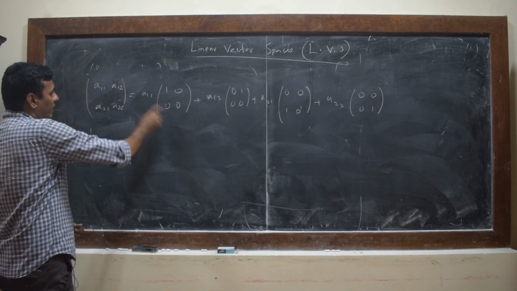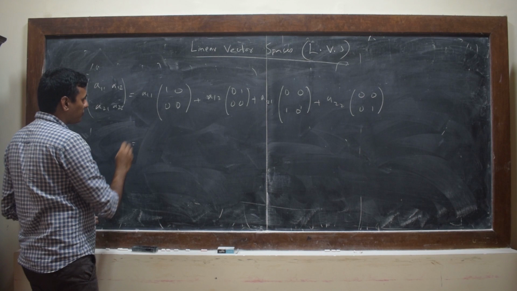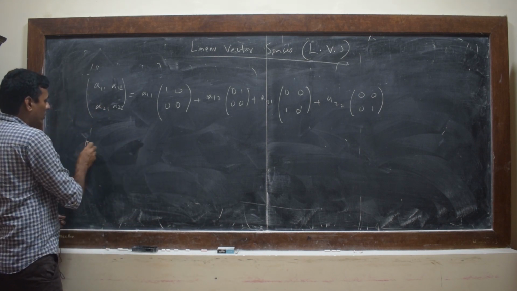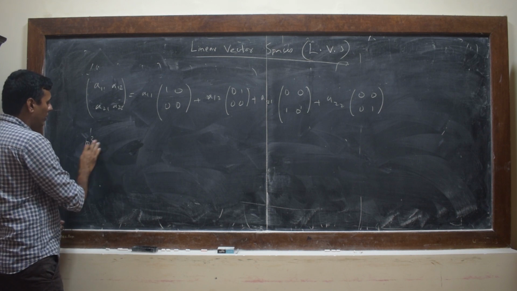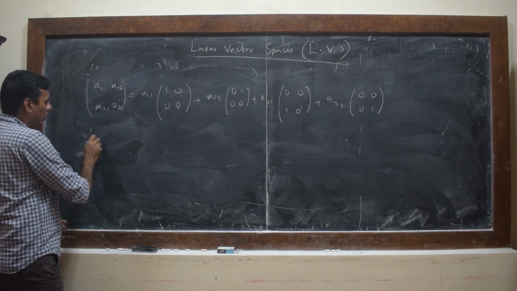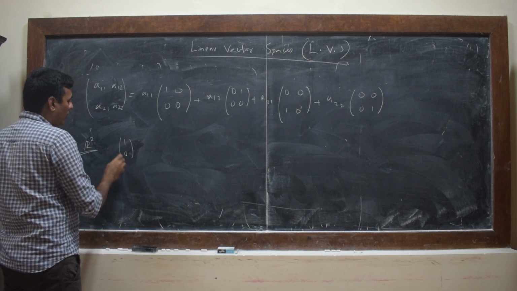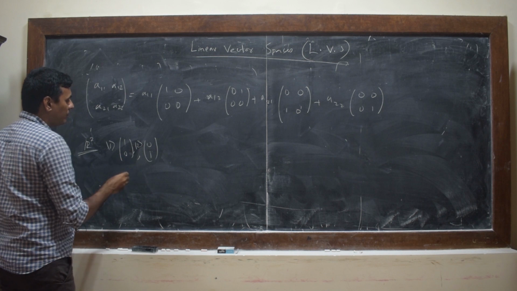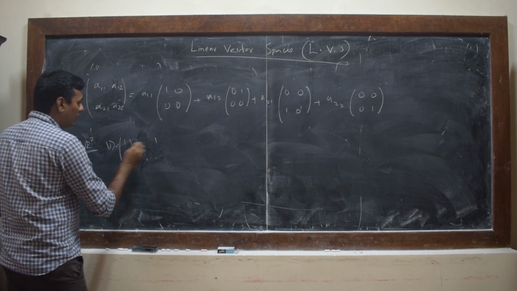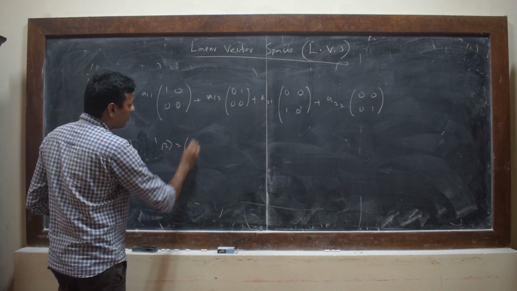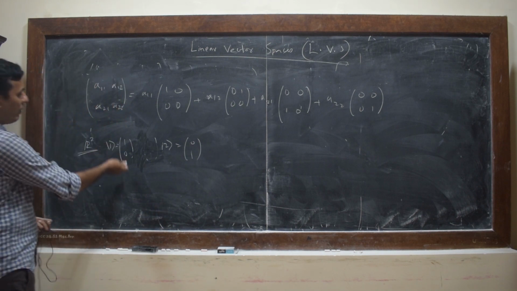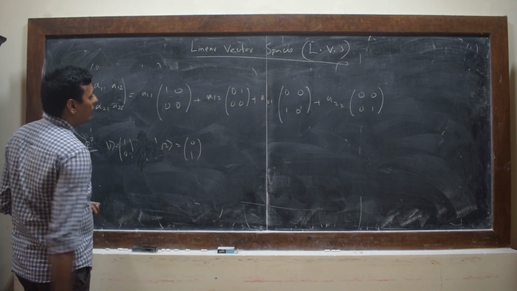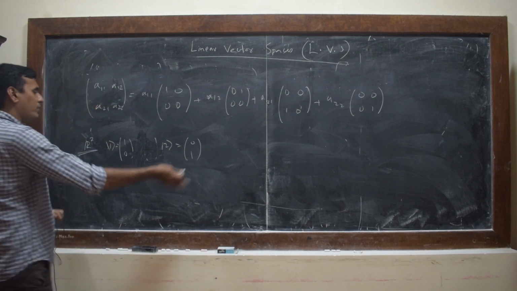And the basis in R2 is ket 1 equal to (1, 0) and ket 2 equal to (0, 1). And in R3, ket 1 is (1, 0, 0), ket 2 is (0, 1, 0) and ket 3 is (0, 0, 1). Okay.